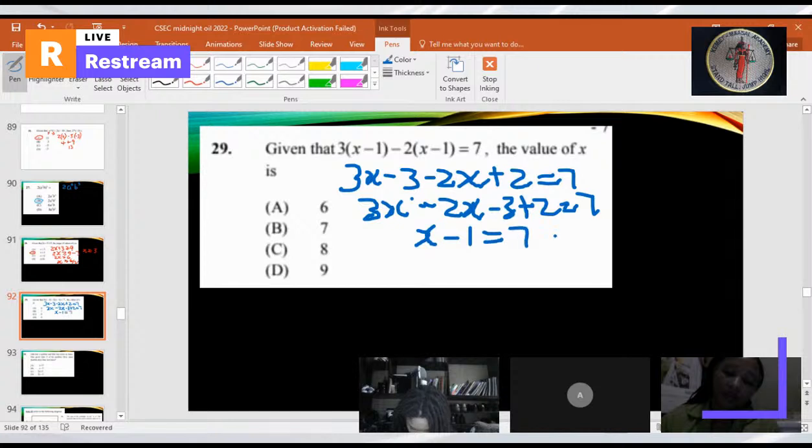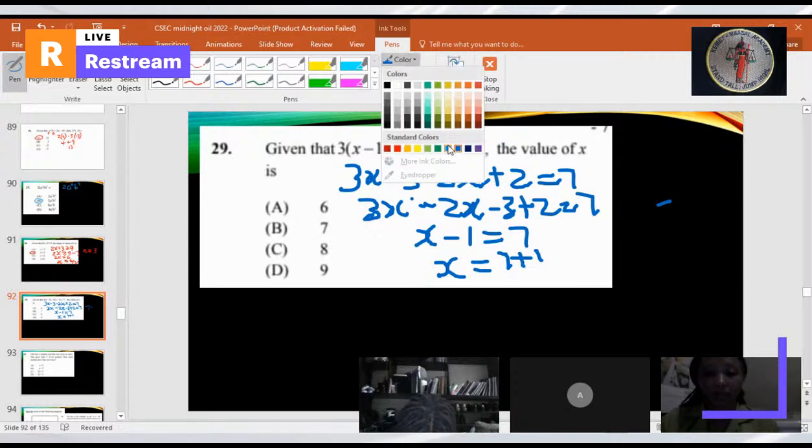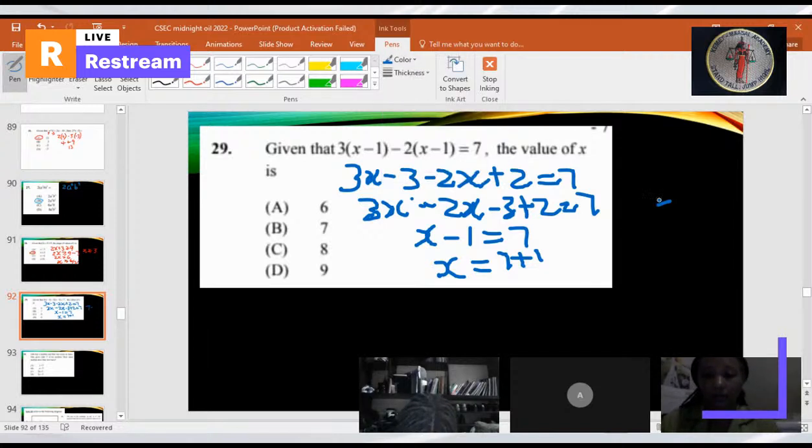So x minus 1 equals 7. We're going to add 1 to both sides to get rid of the 1 on the left. So x is equal to 8, which is C.